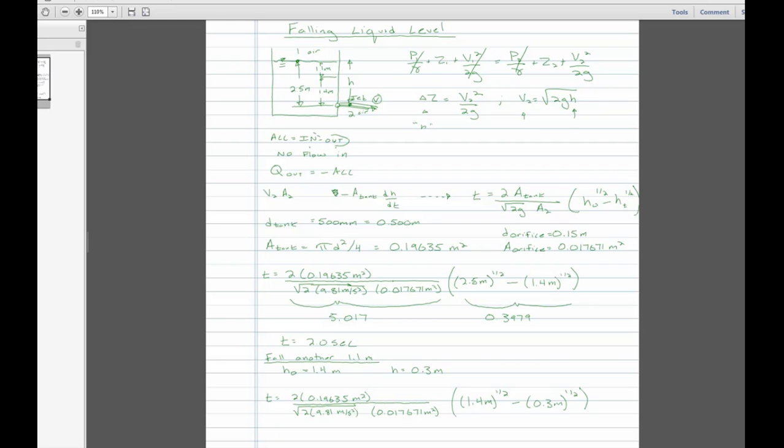As before, that first term is 5.017, and in this instance the second term is 0.6355. So the total duration that has elapsed is 3.19 seconds, which is how long it takes to fall the second 1.1 meter increment. Just as we expected, it takes more time to fall the second 1.1 meters because the velocity decreased, because the head decreased, and since the velocity decreased, so does the volumetric flow rate.